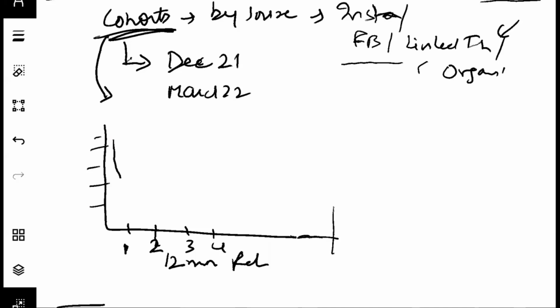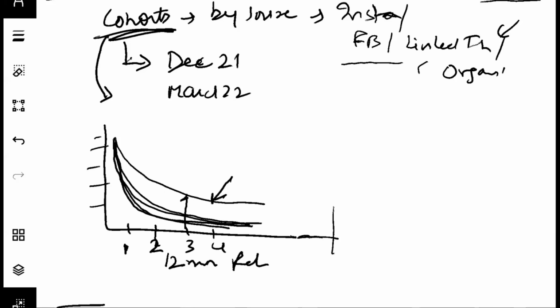And so you would have curves like this. And what cohort analysis is often used for is to see, typically this is what it looks like, but here there is something happening for this cohort which has greater retention. Look at this, month 3 is so much better. So you use it to study break-in trends or different trends.